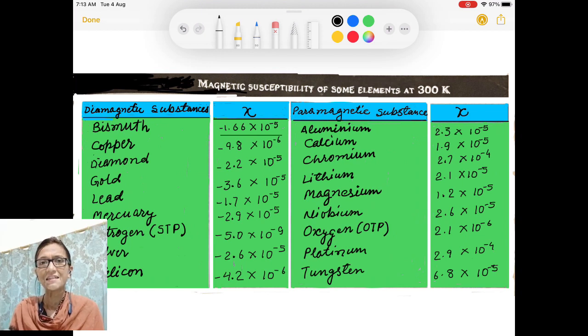In gases, this is nitrogen. And then silicon also is a diamagnetic substance. Whereas paramagnetic substances have positive susceptibility, but its value lies up to a finite number.